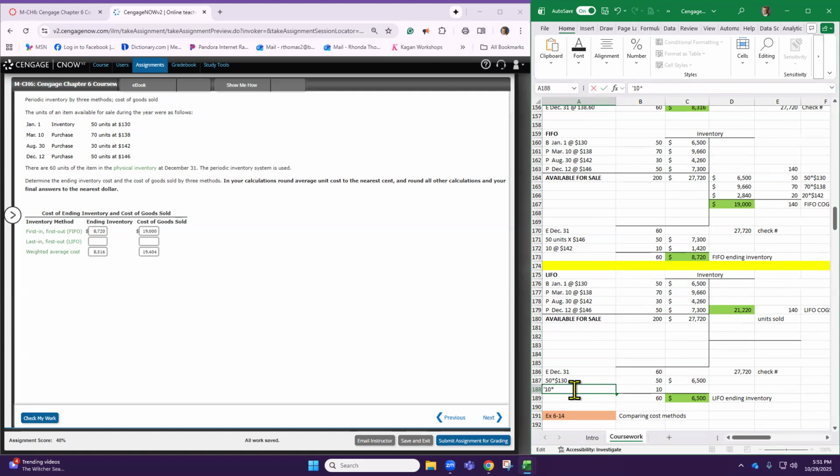Now it's $138 is the cost. If you use dollar signs, that helps you remember which is the cost and which are the units. So 10 times 138 is that. All right. So let's see how we're doing here.